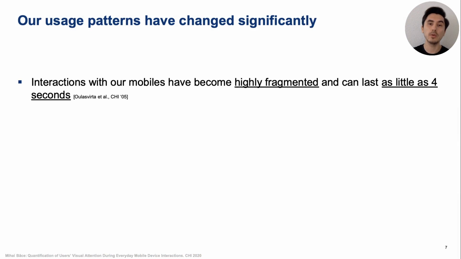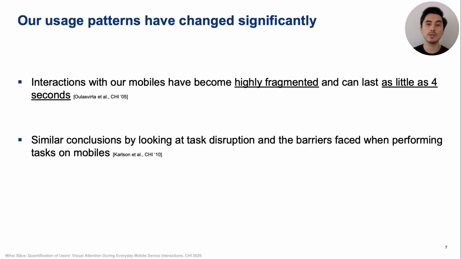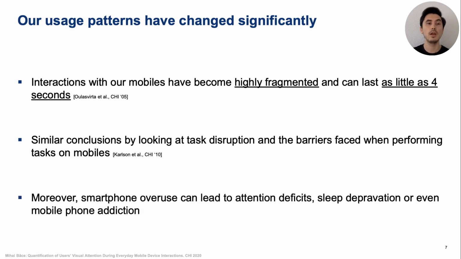It is well known that mobile interactions have become highly fragmented and can last as little as 4 seconds. Similar conclusions can be drawn by looking at task disruption and the barriers faced when doing tasks on mobiles that can hinder productivity. Moreover, smartphone overuse can have negative consequences leading to attention deficits or even mobile phone addiction.